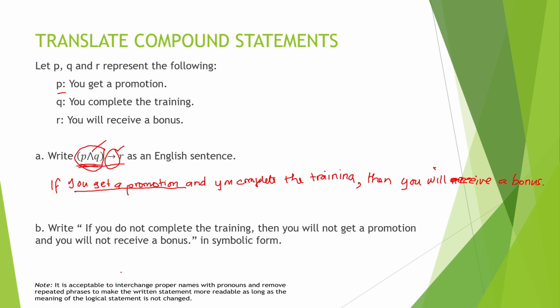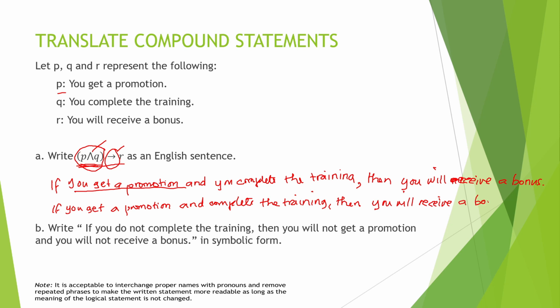So thus the translation of this one is, if you get a promotion and, so we remove "you" here, complete the training, then comma, then you will receive a bonus.